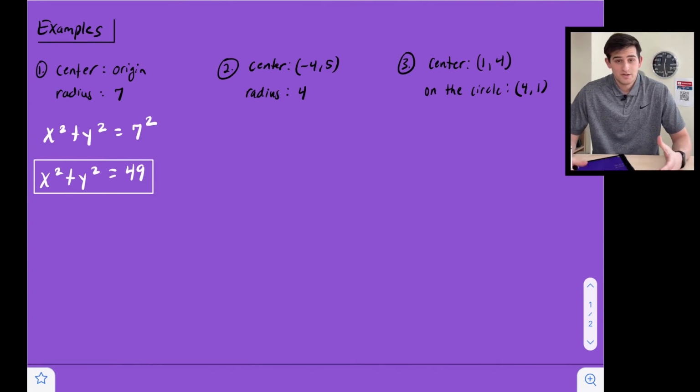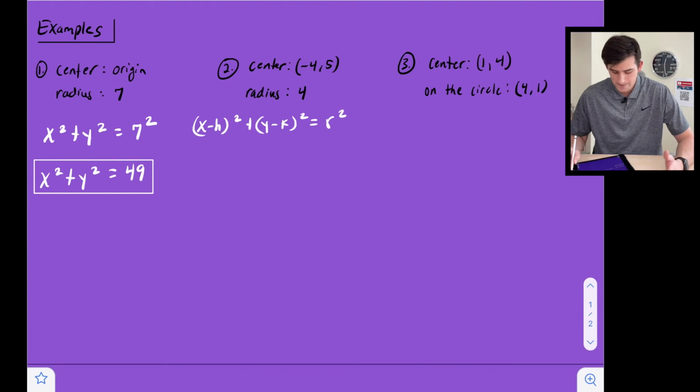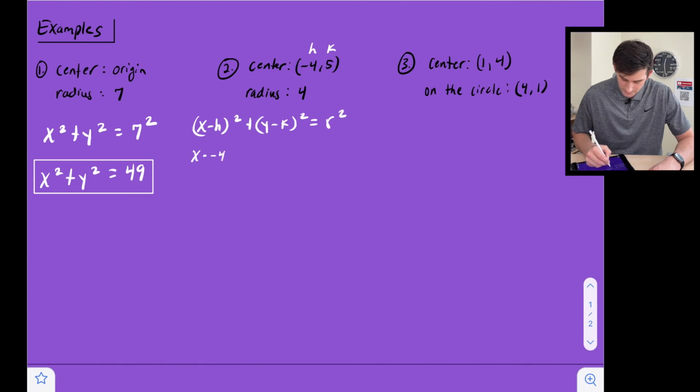Number 2, our center is no longer at the origin, so we need to use x minus h quantity squared plus y minus k quantity squared equals our radius squared. Now this would be h, this would be k. So we're going to say x minus negative 4 squared plus y minus 5 squared equals 4 squared.